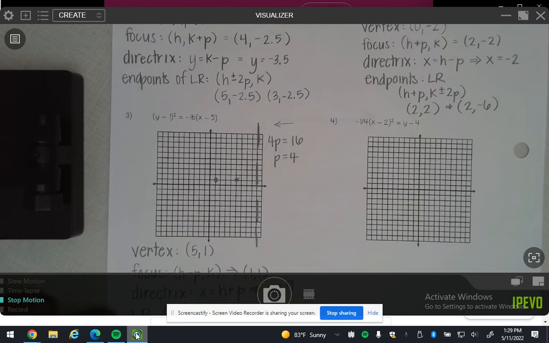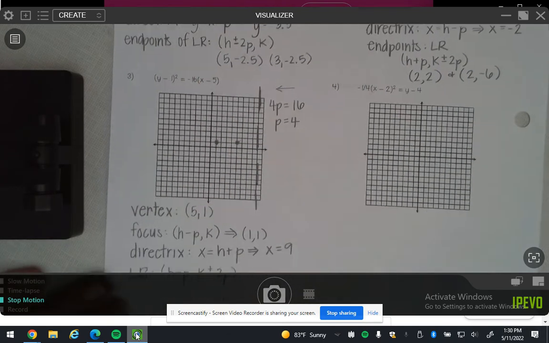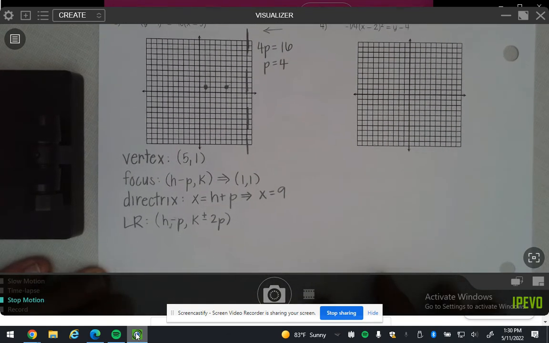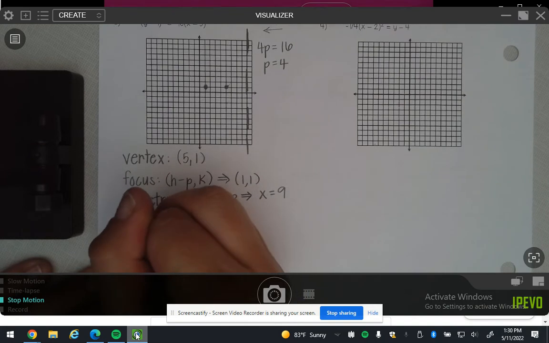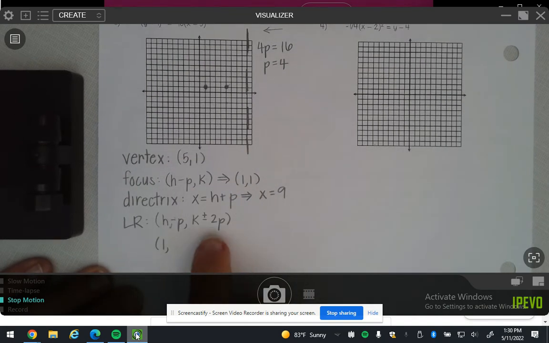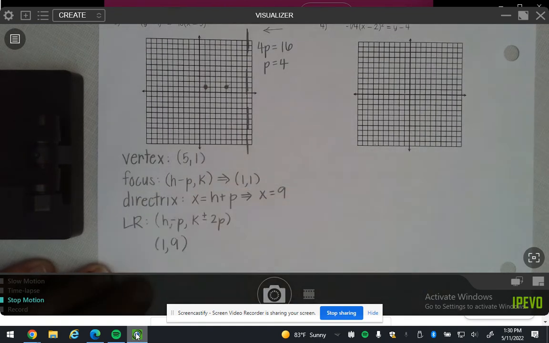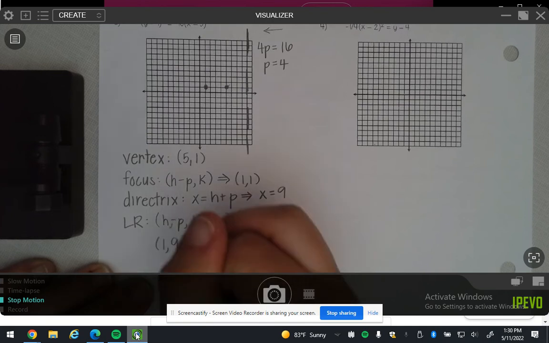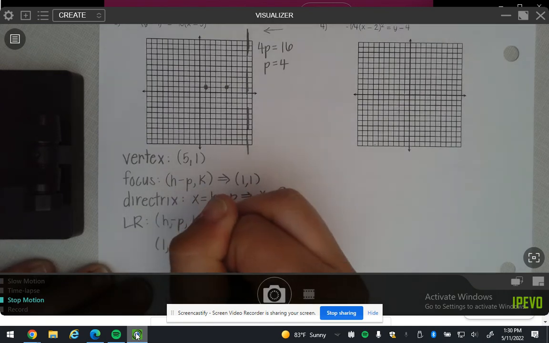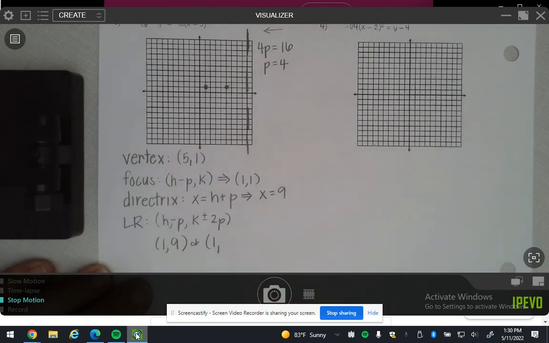Why am I adding it to my k? Because my LR is up in this direction as well. So this is going to be 1, comma, k plus or minus 2p. So 1, comma 9, and 1, comma... Wait, what's your k?